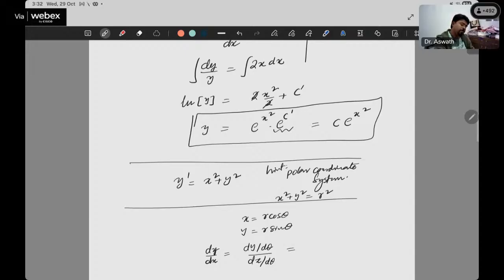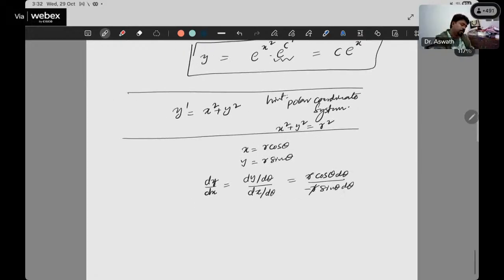Let's say r is constant. So r cos theta d theta divided by r minus r sin theta d theta. So r cancels, d theta cancels, and I get dy by dx is equal to some cos theta by sin theta.